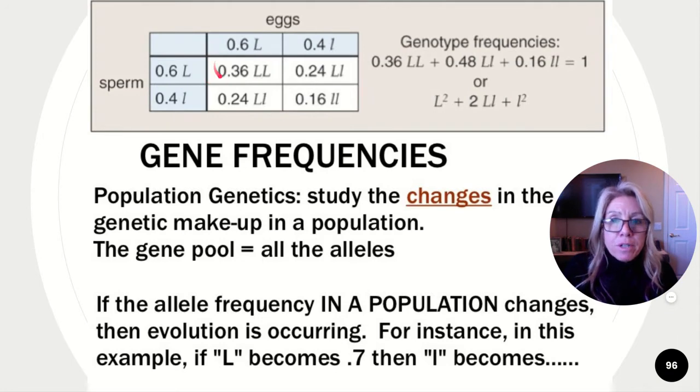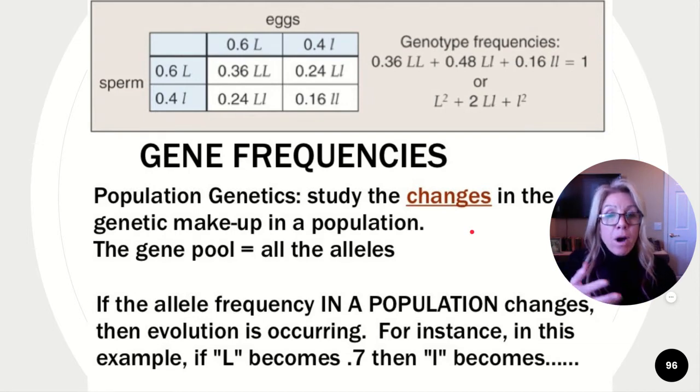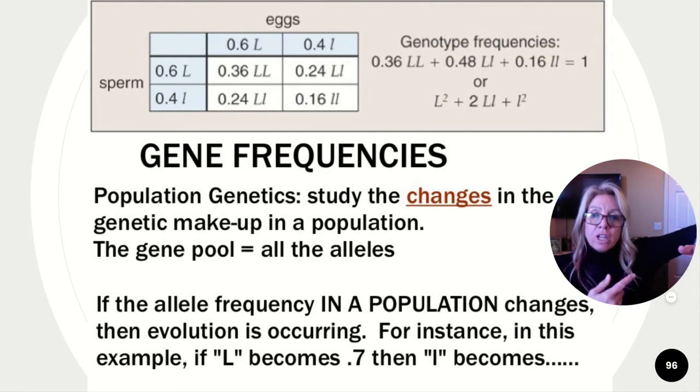So I had a 36% chance of getting a homozygous dominant, right? 0.6 times 0.4 or 0.6 times 0.4, either way, this is my 48% being heterozygotes, that's your 2pq, and 16% little q, or in this case, the recessive trait. So population genetics is the study of the changes in the genetic makeup in a population within their gene pool, the changes.